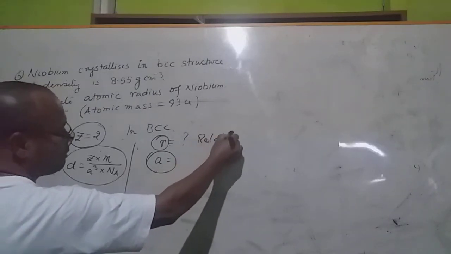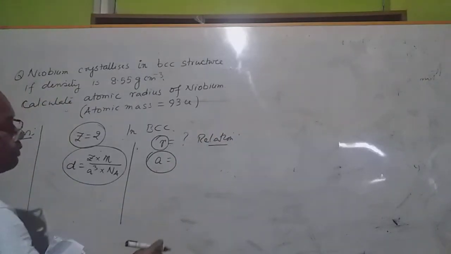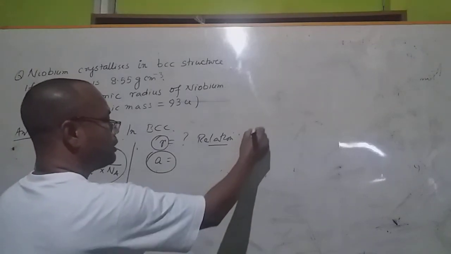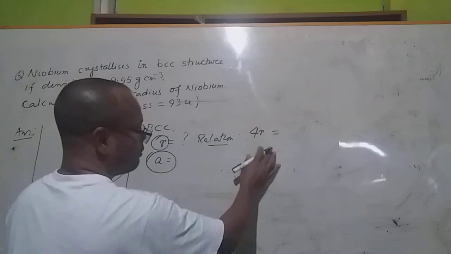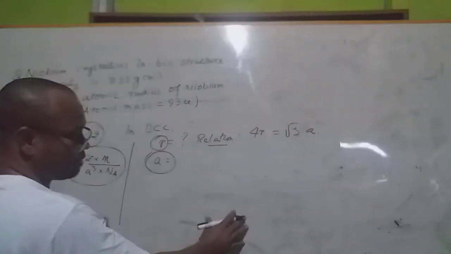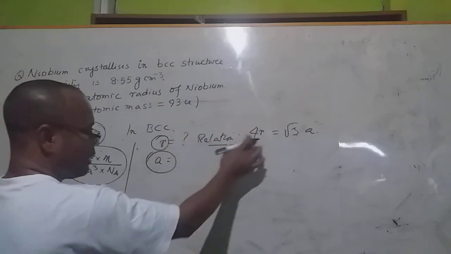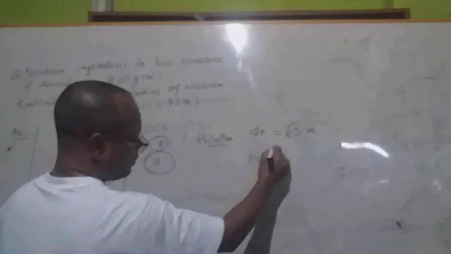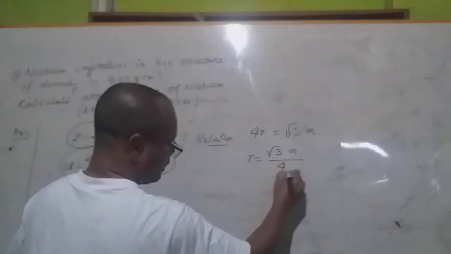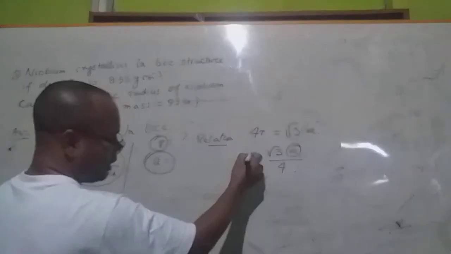I think you remember it. The relation is 4R is equal to root 3 a. So R is equal to root 3 a divided by 4. If you know a, we can calculate the radius.